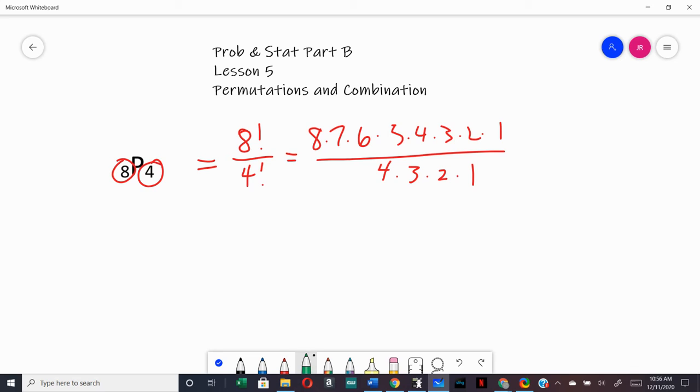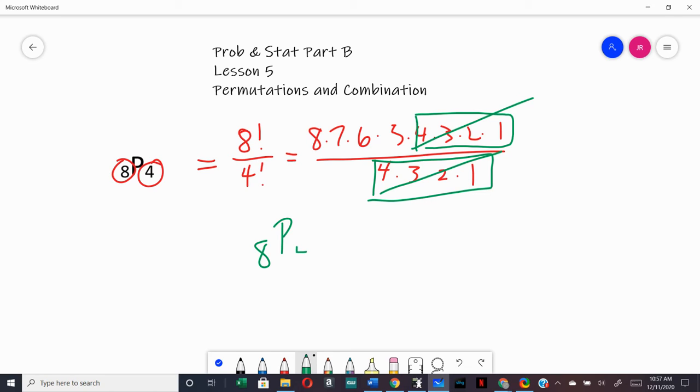Now, the great thing about permutations and combinations is that lots of this stuff will cancel out. So if you kind of know what to do, you can just go ahead and start working on the answer without having to do all this work that we're showing you right now. So really, this permutation of 8 choose 4 boils down to 8 times 7 times 6 times 5.